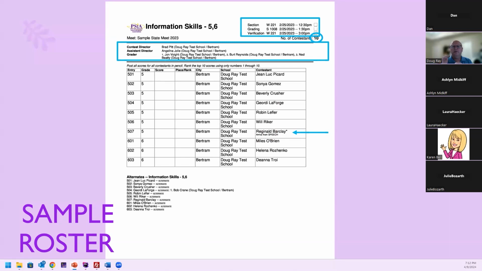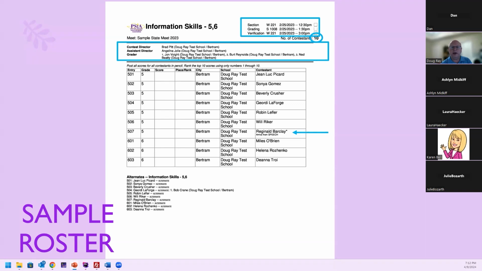You want to give Reginald a chance to finish his speech and then come into your contest. So for example, if your contest is an hour long, but it's really only a 30-minute contest, you can hold up the contest for 10 or 15 minutes while you're doing the roll and passing out the test, and then you just wait and give Reginald a chance to show up to the contest.